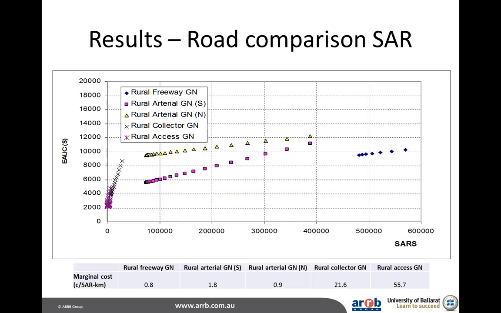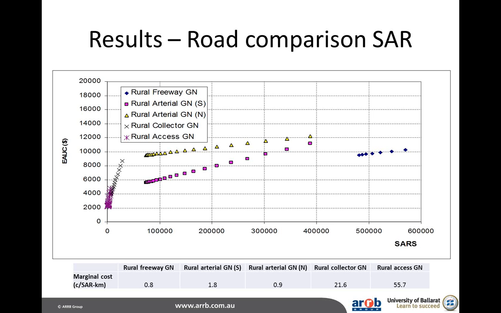Next, I wanted to show a comparison of the way different road types react as the load is increased on each of them. So again, we have our cost on the vertical axis and our SARs on the horizontal axis. Each of the different colors on this graph is a different road type.